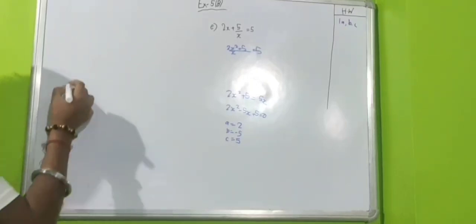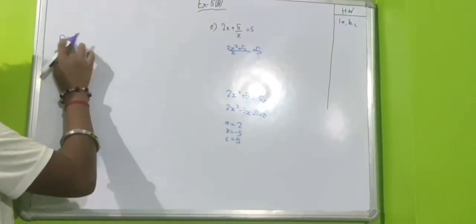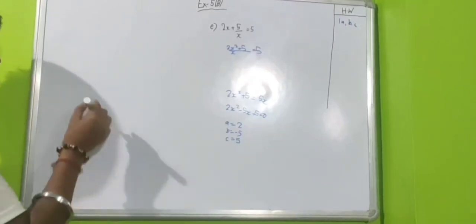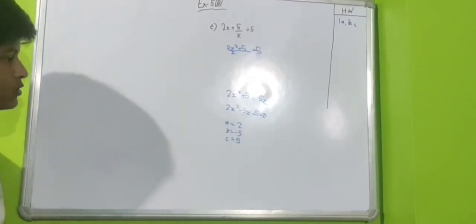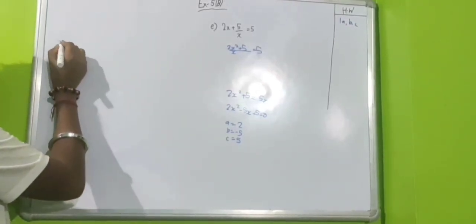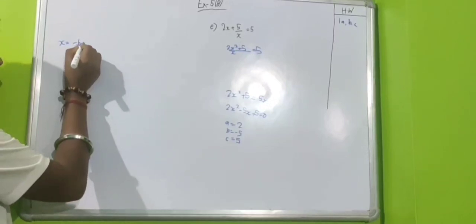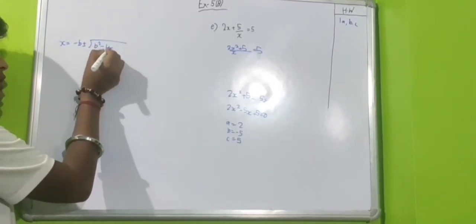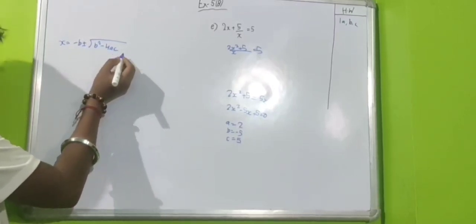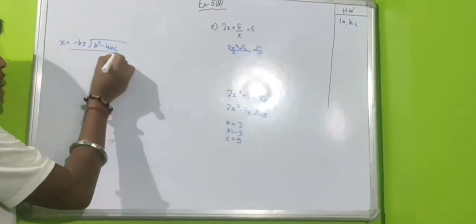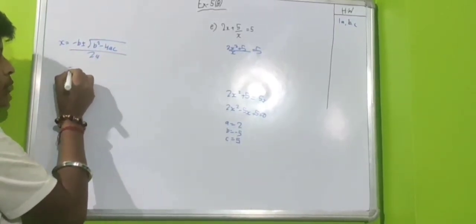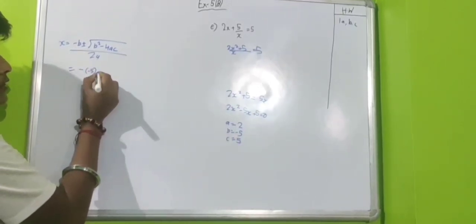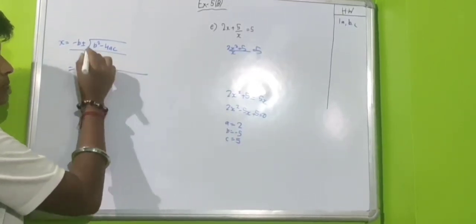First write the formula of the discriminant. X is equal to minus b plus minus under root b square minus 4ac, divided by 2a. B square minus 4ac is the discriminant.